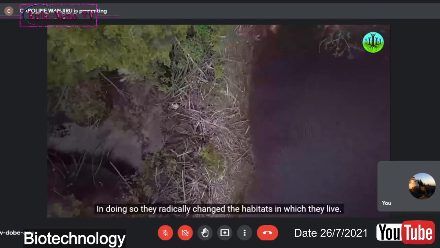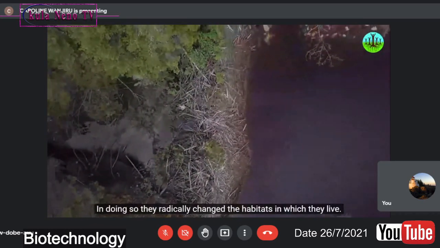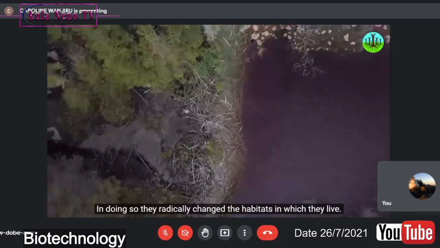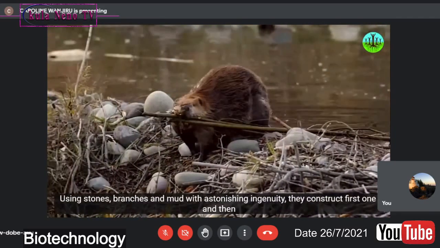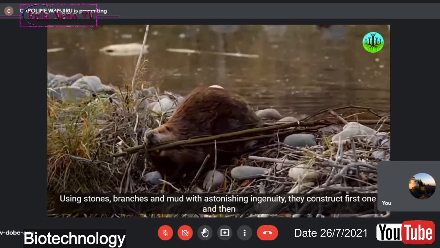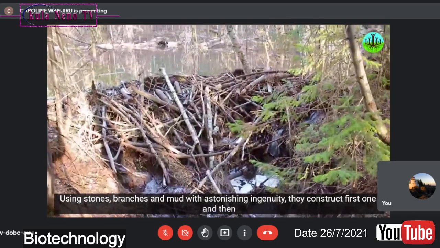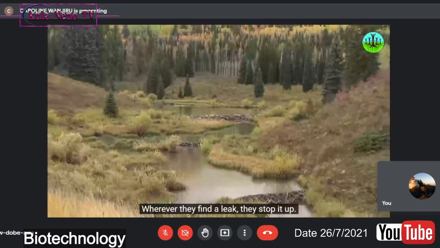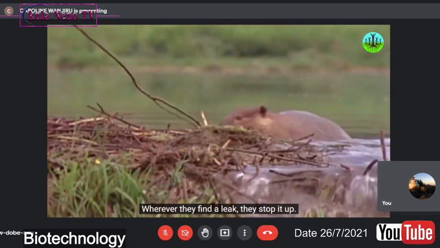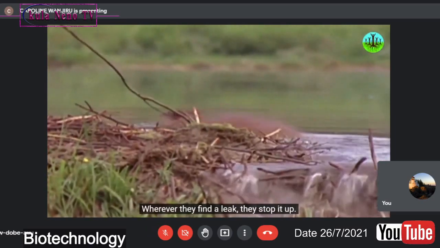In doing so, they radically change the habitats in which they live. Using stones, branches and mud with astonishing ingenuity, they construct first one and then a series of small dams. Wherever they find a leak, they stop it up.